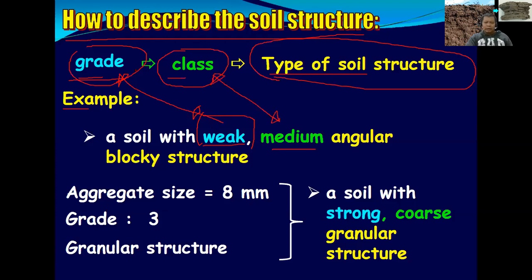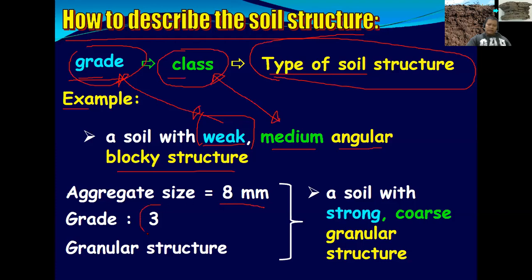A soil with weak grade, medium class, and angular blocky structure. So angular, blocky structure. It's how we describe soil structure. So for example, aggregate size is 8 mm, and that is, okay.